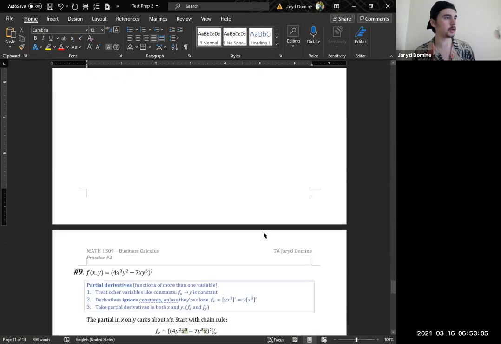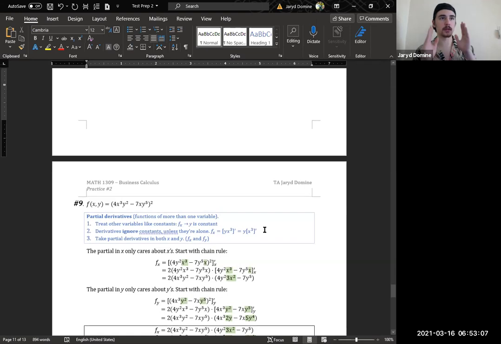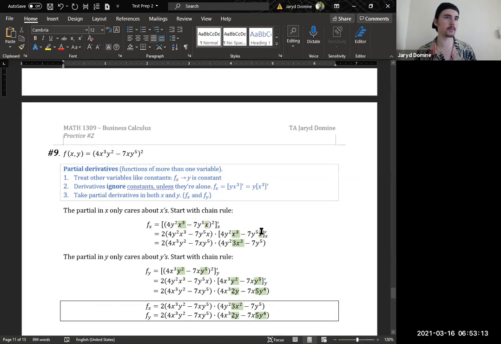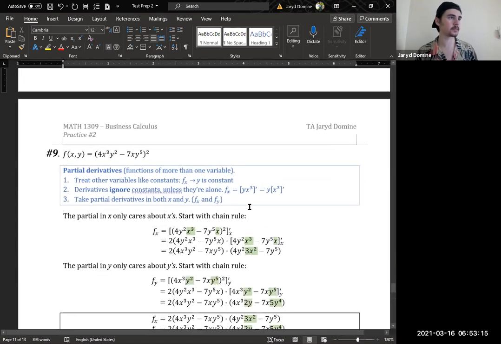Okay, all right. So 9 and 10. 10 actually has easier work than 9, but we're going to start with 9, do it in order. So this is what it gives us. F of x and y is 4x cubed y squared minus 7xy to the 5th, and then all of that is squared.